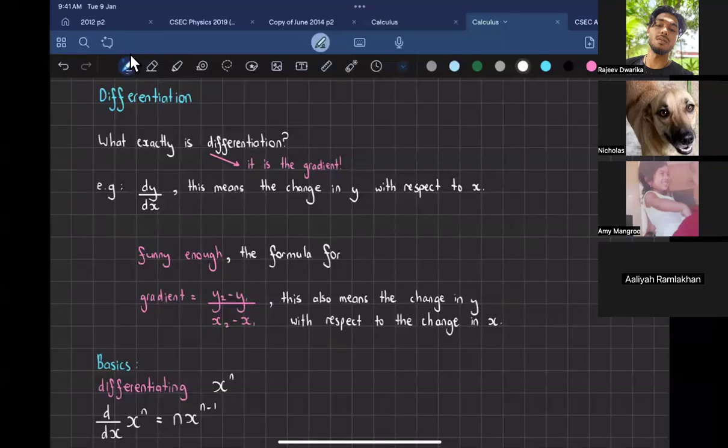Since there's no change, it's 0, because 2 is a constant, isn't it? I will explain further when everybody has that copied down.